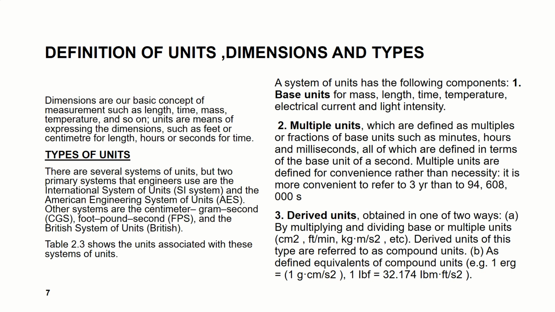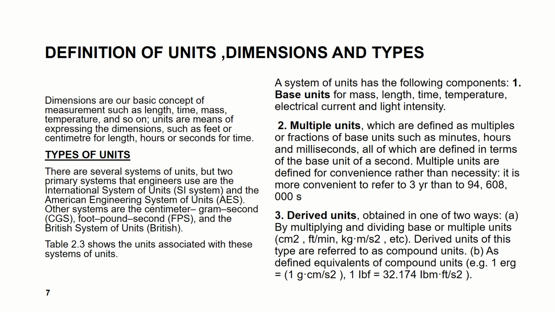So it is more convenient to refer to 3 years than to 94,608,000 seconds. Pardon me. Three, derived units, obtained in one of two ways. The first one is by multiplying and dividing base or multiple units.